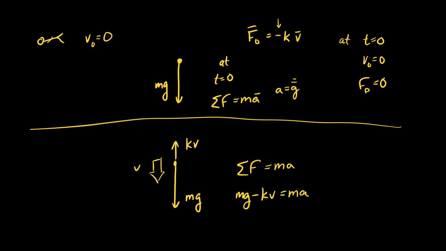This highly suggests that the acceleration is less, right? Because ma equals mg minus something. So the net force is smaller. But the net force being smaller doesn't necessarily mean the acceleration is 0. It just means the acceleration isn't as much.